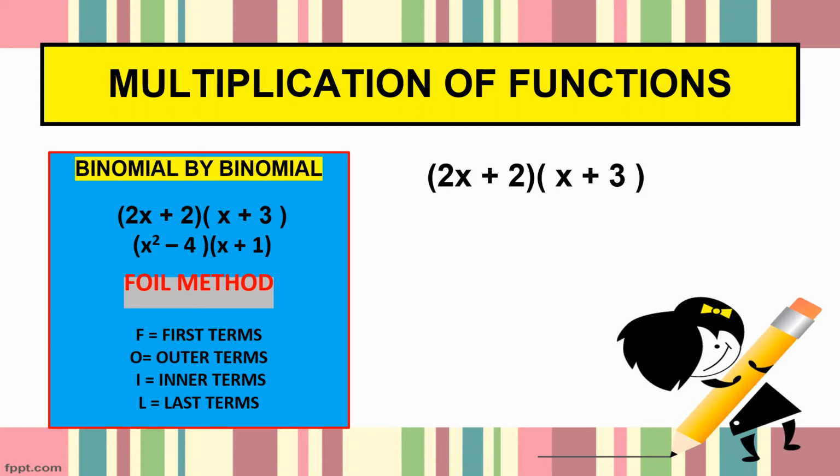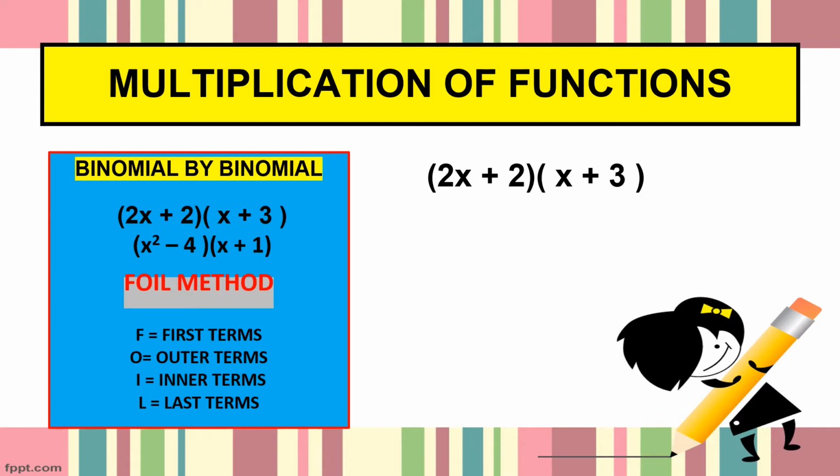FOIL meaning F stands for your first terms, O for your outer terms, I for your inner terms, and L for your last terms. Okay, so let's have an example. Let's say we have the quantity 2x plus 2 times the quantity x plus 3. As I've said, this is binomial by binomial, so we are going to use the FOIL method.